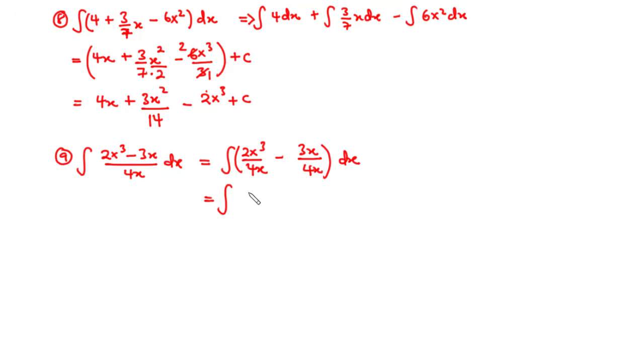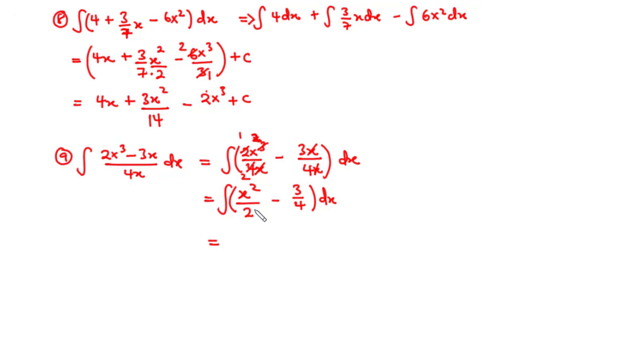So let's simplify this. X cancels out one of the x's here. 2 goes here once, 2 goes here 2 times. So we have x squared divided by 2 minus, x cancels out x, so we have 3 over 4 dx.